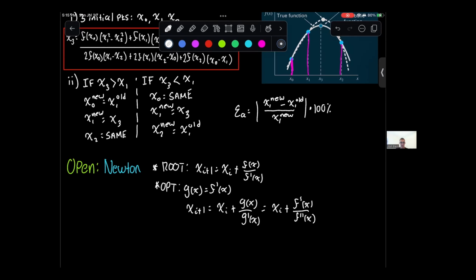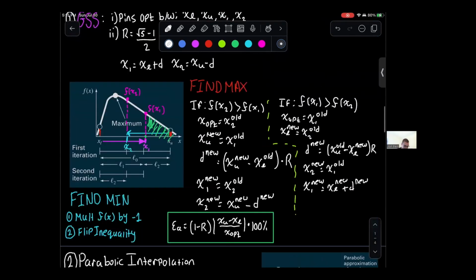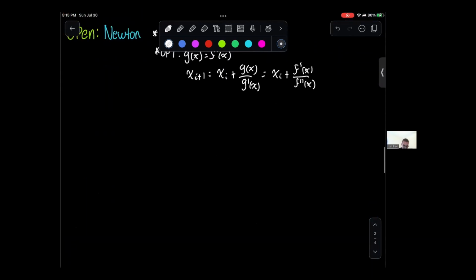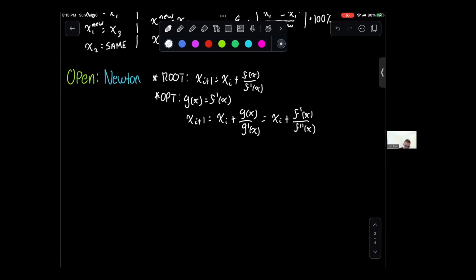Case closed. So super easy. You can see that our one-dimensional unconstrained methods aren't hard. Now, we're going to get to our n-dimensional methods. And they're also going to be unconstrained. I don't think these are too bad either, personally.